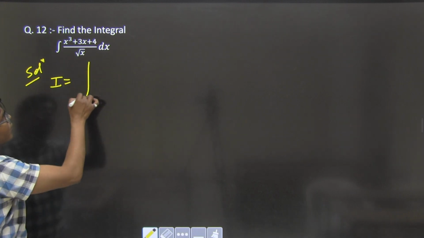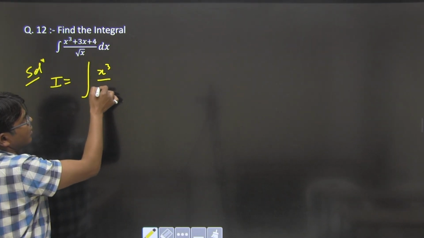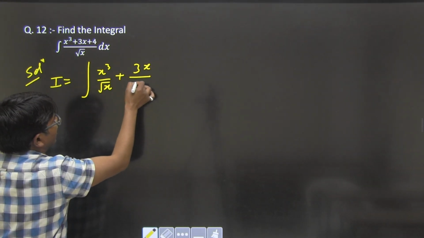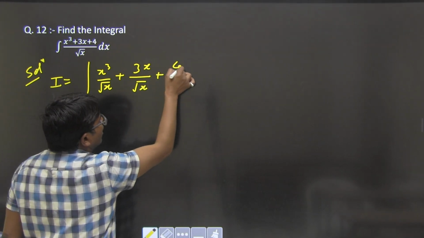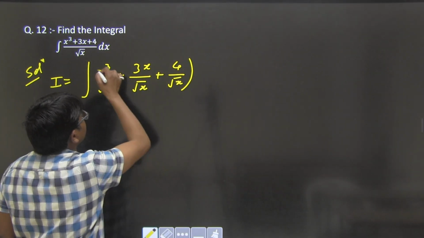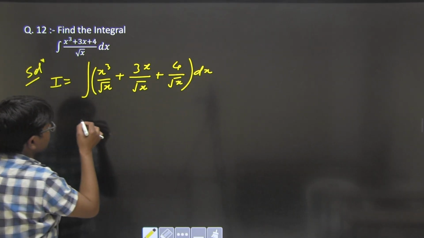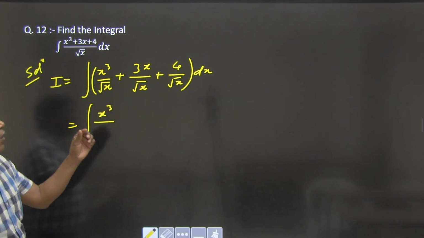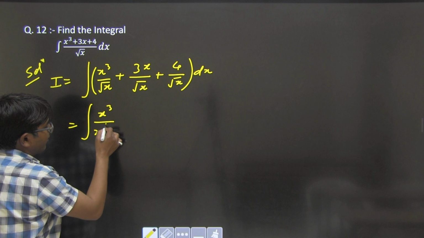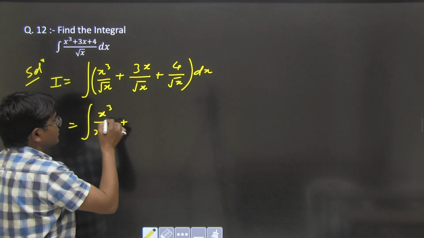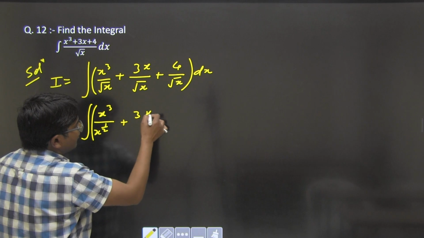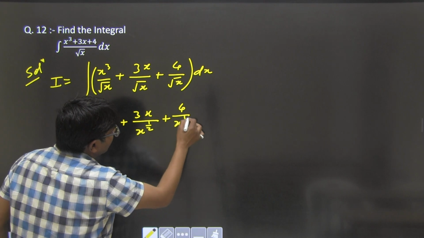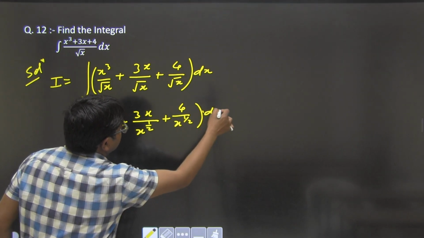I is equal to the integral of x cube upon under root x plus 3x upon under root x plus 4 upon under root x dx. In place of under root x we can put x to the power 1 by 2. So x cube upon x to the power 1 by 2 plus 3x upon x to the power 1 by 2 plus 4 upon x to the power 1 by 2 dx.